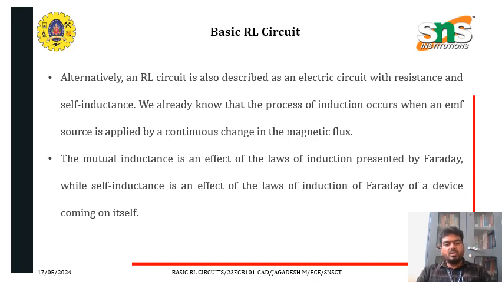Alternatively, an RL circuit is also described as an electric circuit with resistance and self-inductance. We already know that the process of induction occurs when an EMF source is applied by continuous change in the magnetic flux. Mutual inductance is an effect of induction presented by Faraday, while self-inductance is an effect of induction of a device on itself.